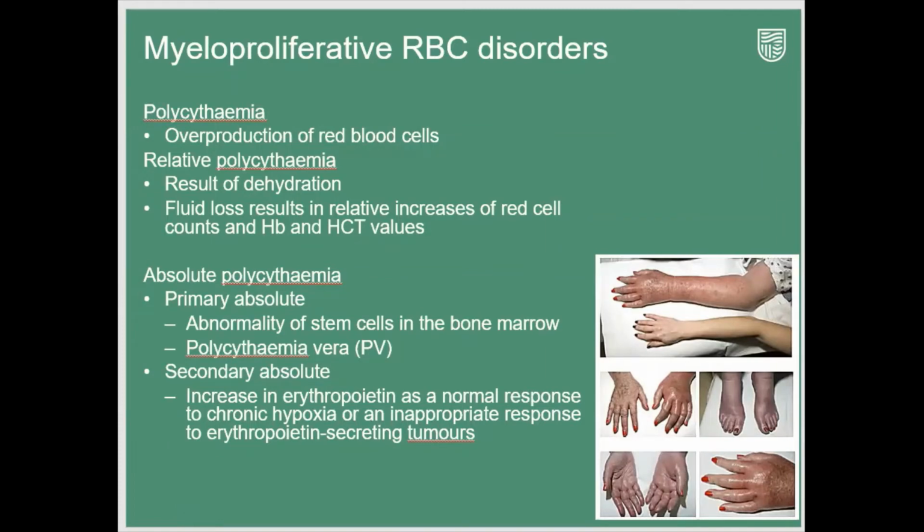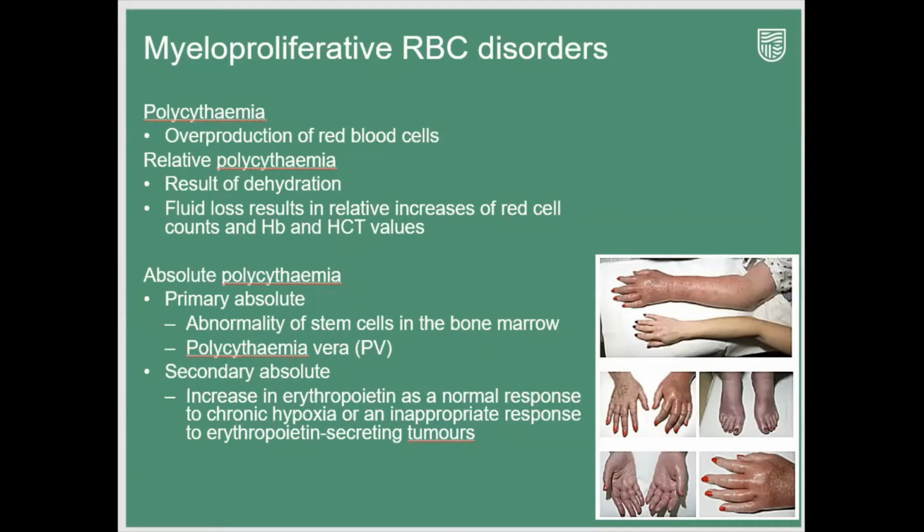So that could be occurring with water deprivation, increased use of diuretics, or gastrointestinal loss. Relative polycythemia is corrected by increasing fluid volume. So dehydration is obvious for that one.